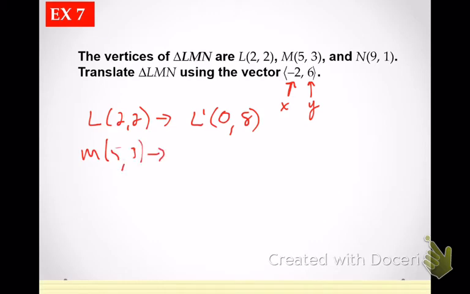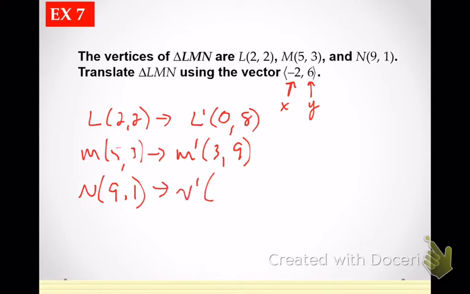So when you translate it, you're going to get M prime, which is going to be located at (3, 9). And then for N, your coordinates are (9, 1). When you translate it, N prime is going to be, subtract 2 from 9, you get 7, add 6 to 1, and you get 7. And so there is your image from your pre-image.